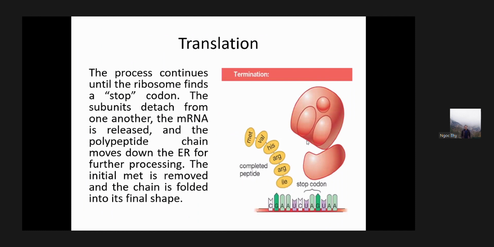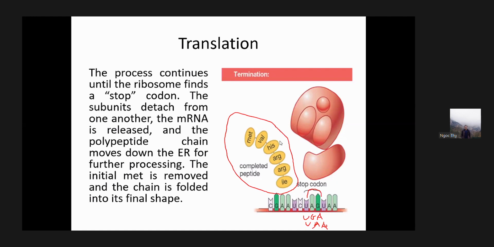The translation process finishes when the ribosome reaches the stop codon. We have three stop codons: UAG, UGA, and UAA. Once it reaches the stop codon, it releases the polypeptide and finishes the translation.